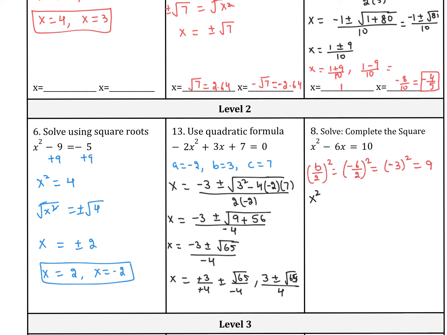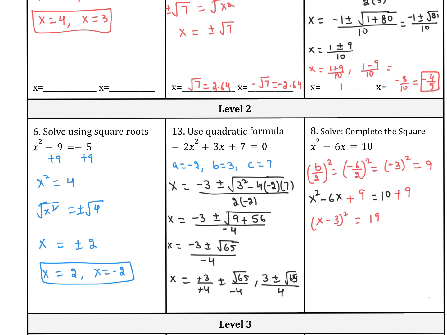So x squared minus 6x, and you add 9 here, equals 10 plus 9. You write (x minus 3) squared, a binomial square for this equation, equals 19.